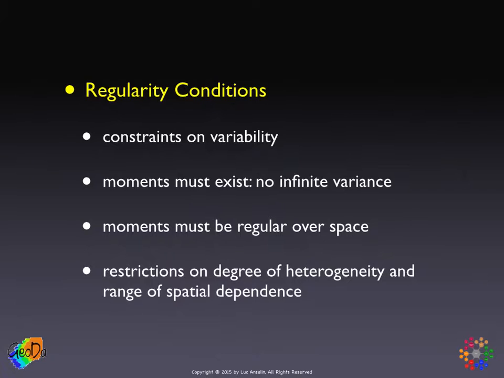And these are the collection of assumptions that we need in order to get this smooth transition, this continuity. And they basically boil down to constraints on the degree of variability that we allow as the sample moves to infinity. Ideally, we don't allow any variability, but that is not very realistic.